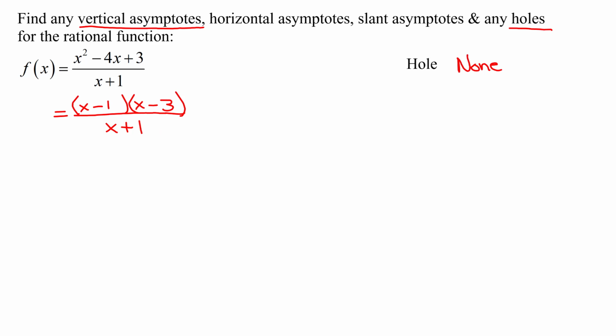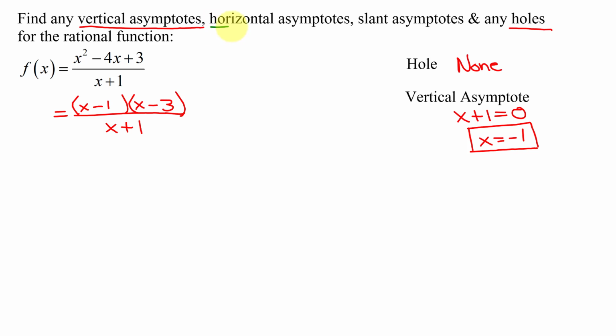And vertical asymptotes come from setting the denominator of the simplified expression equal to 0. So I'm just going to set x plus 1 equal to 0, subtract 1 from both sides, I get x equals -1. So I know this rational function has one vertical asymptote at x equals -1.